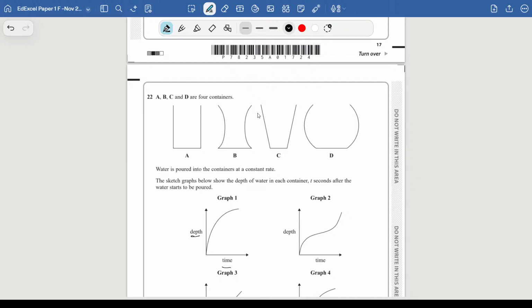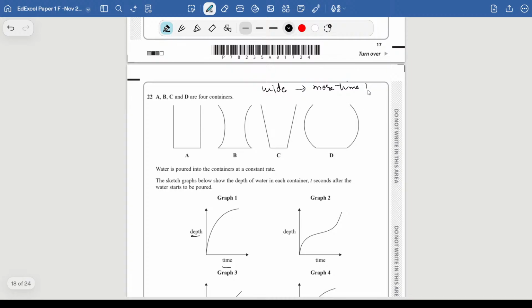Normally speaking, if the base of the container is wide, that means more water can be poured, so it takes more time to fill.